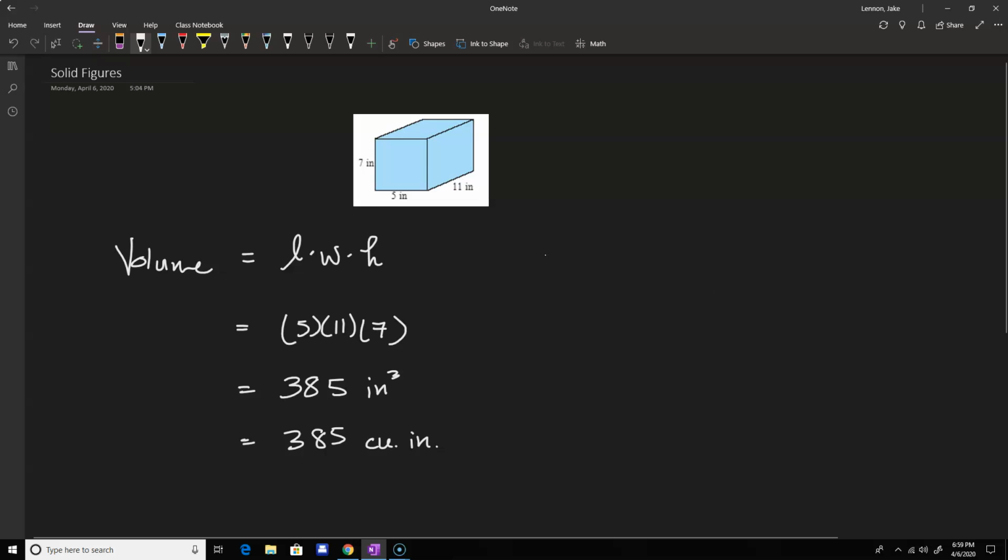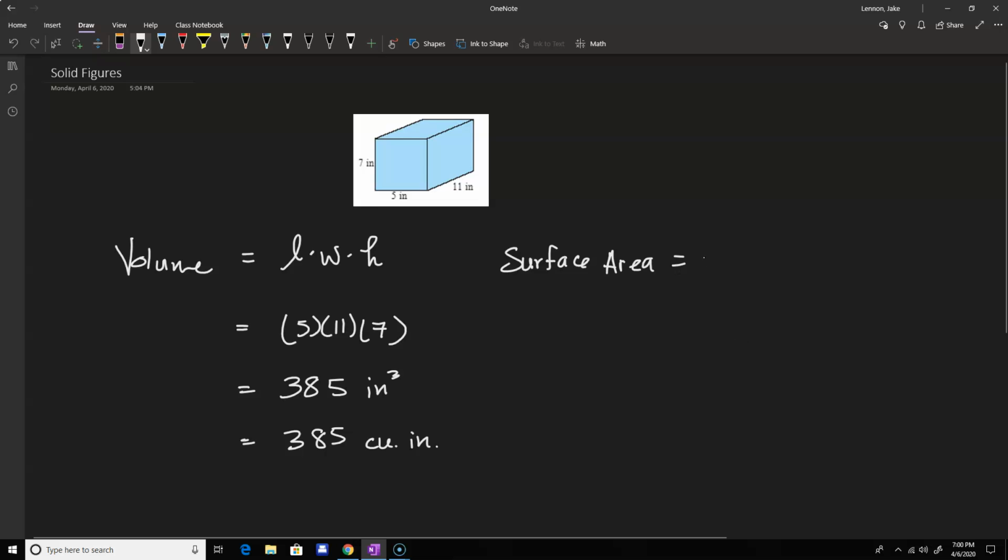If we speak about the surface area, for this one it would be the amount of area on the top, bottom, front, back, and left and right. Anytime you have a rectangular box, there are 6 faces, and each pair of faces is going to have a similar area.